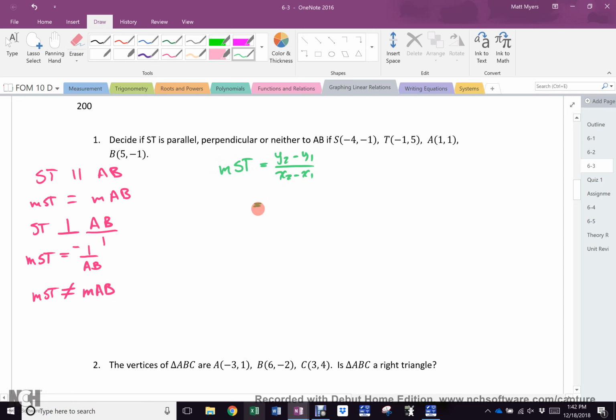The slope of AB. I'm going to label AB opposite. I labeled the first one x2, so this one I'm going to label x1, y1, and x2, y2. y2 minus y1 over x2 minus x1. y2 is negative 1 minus 1 over x2, 5 minus 1.